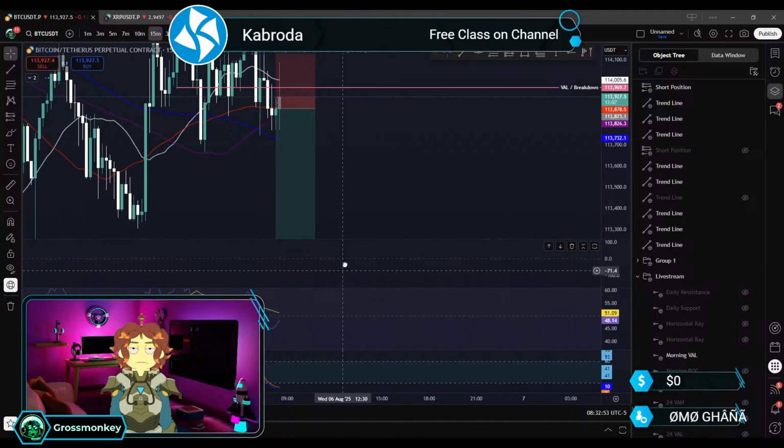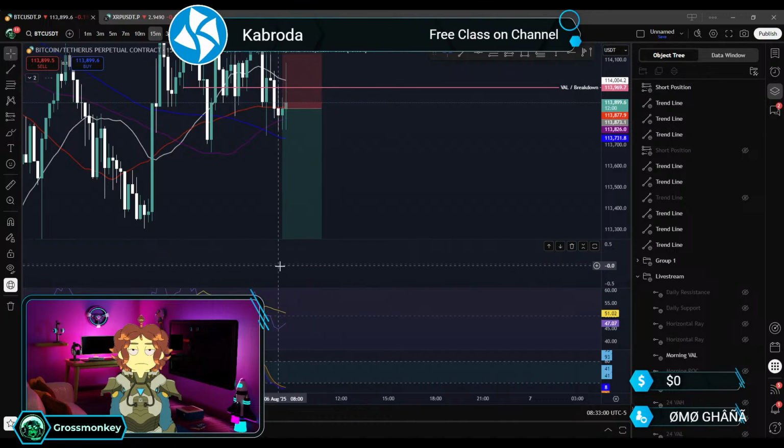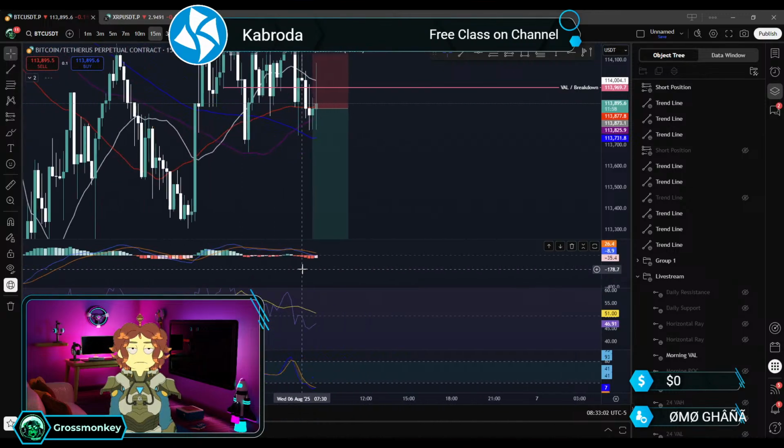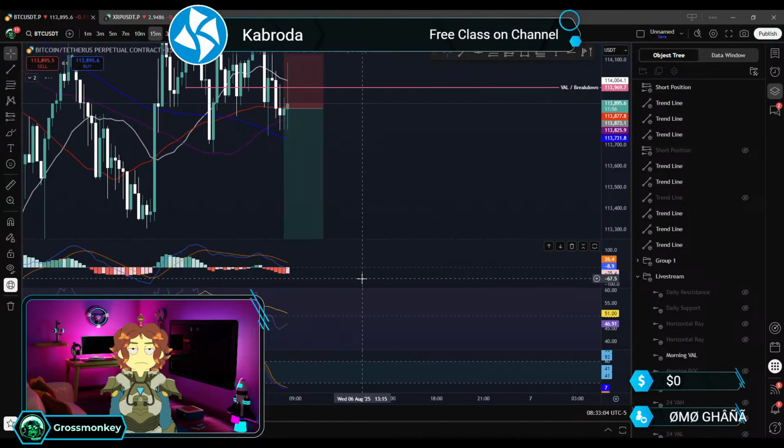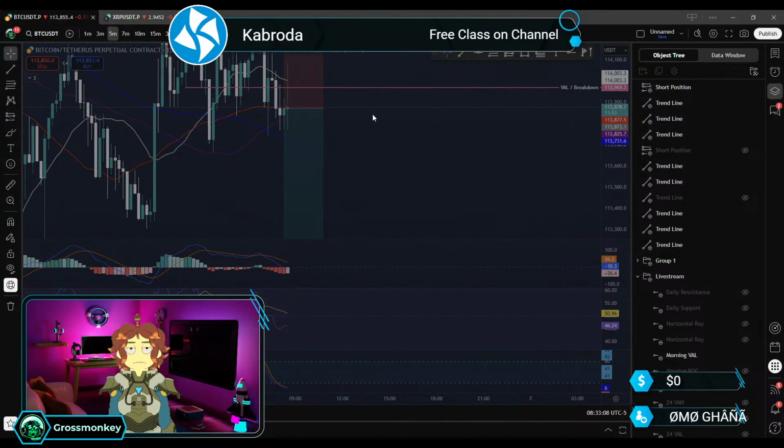The 15-minute are showing they could curl right here. I don't know why MACD's not loading in. There we go. Yeah, we'll see the next 1 or 2 candles, how it goes.